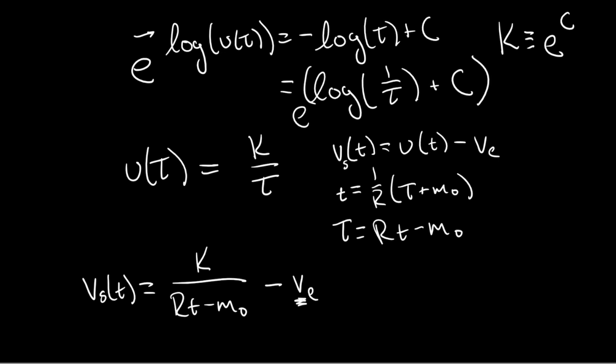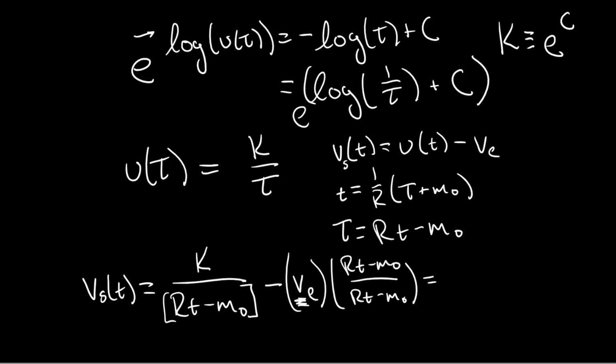I can multiply this by the stuff in this denominator divided by that stuff in the denominator, so a factor of 1. So I multiply this by RT minus m naught over RT minus m naught.